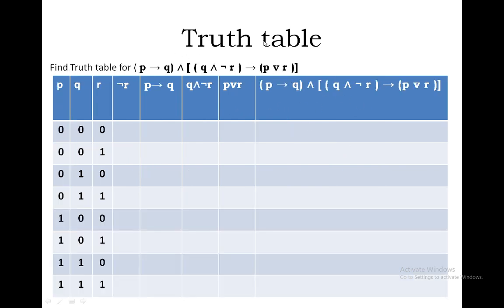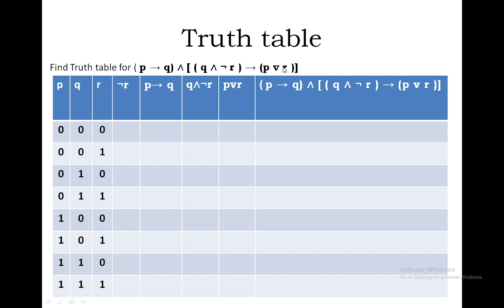Now we'll go with one example. A statement has been given: P implies Q, and Q and negation of R implies P or R. Look, we don't have simply one proposition here, but a combination of many propositions.